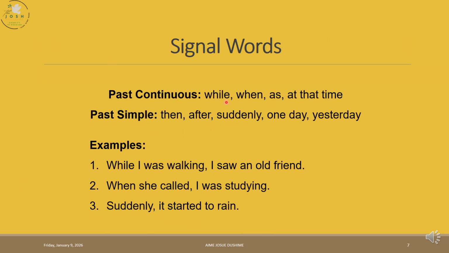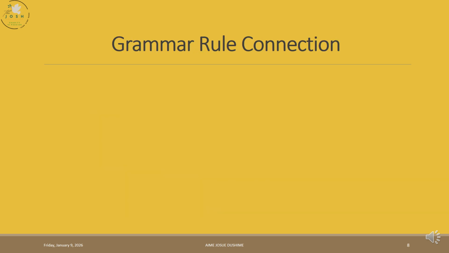In past continuous we have while, when, as, at the time. In past simple we have then, after, suddenly, one day, yesterday, last year, last night. Examples: while I was walking, I saw an old friend. When she called, I was studying. Suddenly, it started to rain.